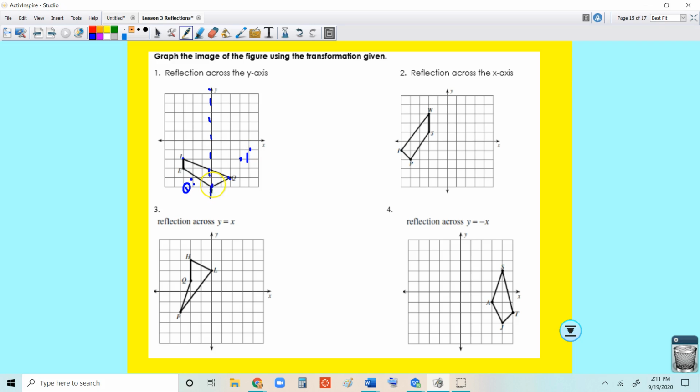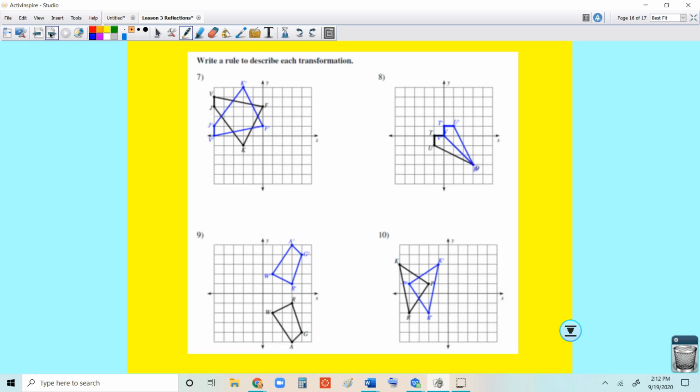Here, if I reflect it over, it's on the exact same line. It doesn't change. I can't see what letter that was, but E would be here, right? So whoosh, whoosh, whoosh, whoosh. All right. And then it should be symmetric. It should look kind of like a butterfly. So, right, there's symmetry on either side. All right. So try those.